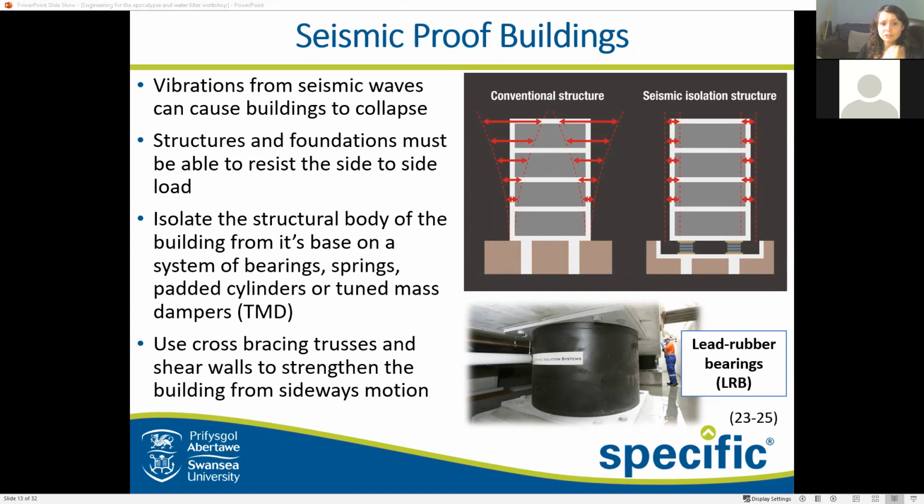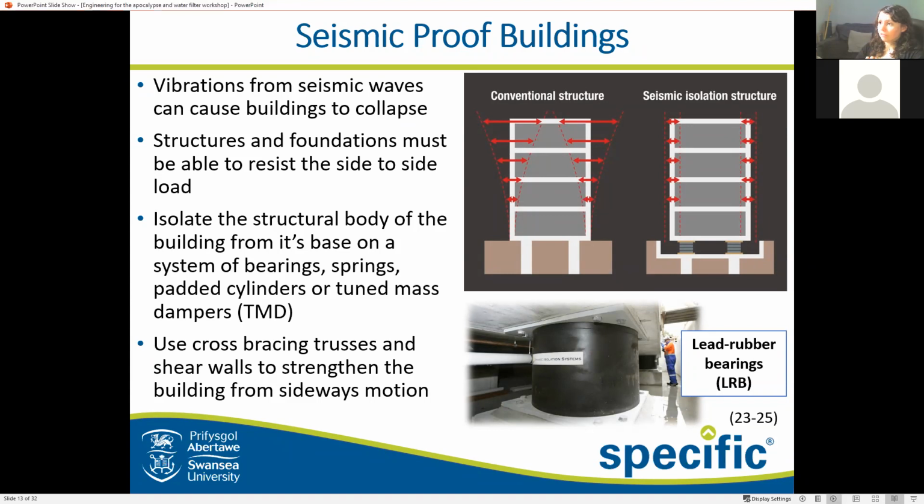These bearings are attached to the building at the foundations using steel plates, so that the foundations can move freely without affecting the building. However, for this to be effective, you need stiff ground with deep foundations and driven piles. Otherwise, it can still vibrate, but this can be incredibly effective, and there are multiple methods available for this.